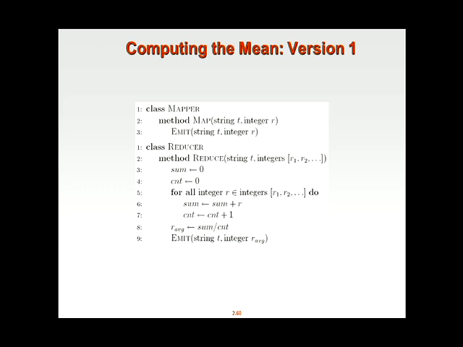Okay. So how can we do this problem in MapReduce? The mapper, again, is very easy. We just emit the key and the value to the reducer. And the reducer will receive a list of values for the same key. Now in order to compute the average, you need to iterate over this list, compute the count and compute the sum.